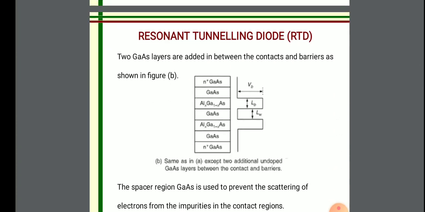See, the two gallium arsenide layers are added in between the contacts and barriers. Already I told you in the above diagram, the same structure is given here. The spacer region gallium arsenide is used to prevent the scattering of electrons from the impurities in the contact regions.